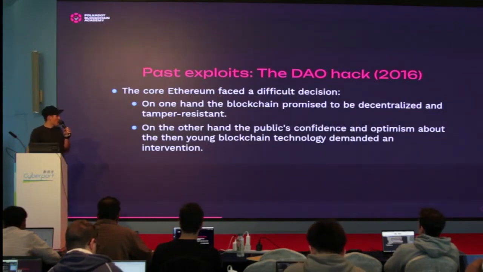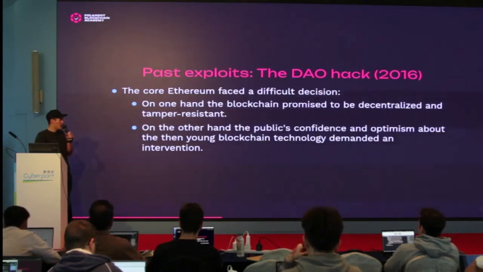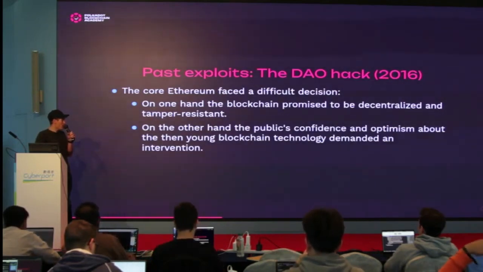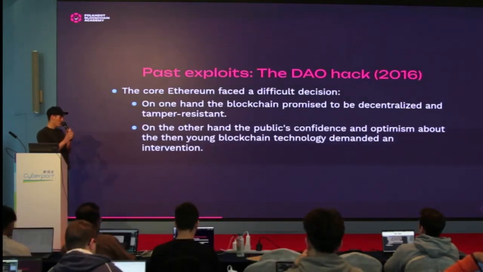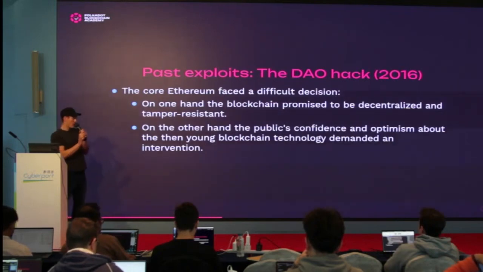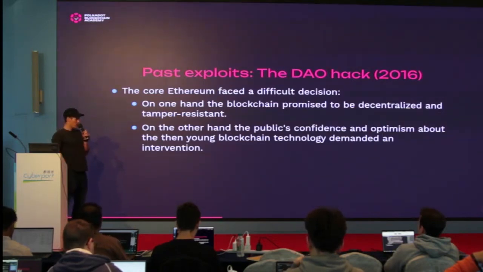So the two options left were: we either let it be, let it happen, because it's part of the blockchain history, decentralized, or we roll back. So basically we create a fork. We take the history from some block in the past, and all the miners start creating blocks from that point on, and we forget the old history.